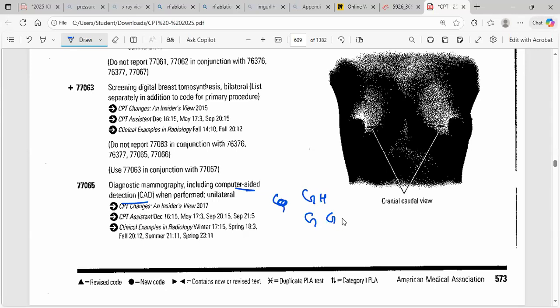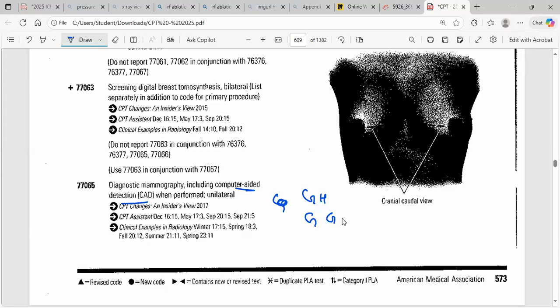We have to use the GH when we are going to bill for the diagnostic mammography only, and GG when we are going to bill for the screening as well as the diagnostic. So the difference between these two: let's say the patient is scheduled for the screening and the physician found some abnormality, and then he converts that screening procedure into the diagnostic procedure, okay?